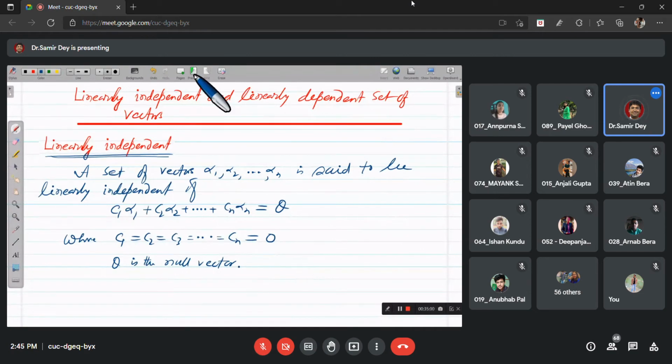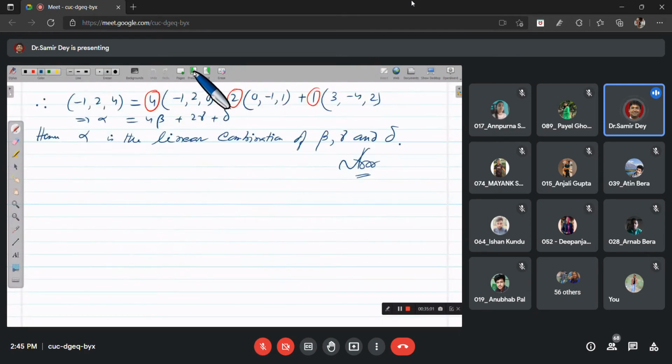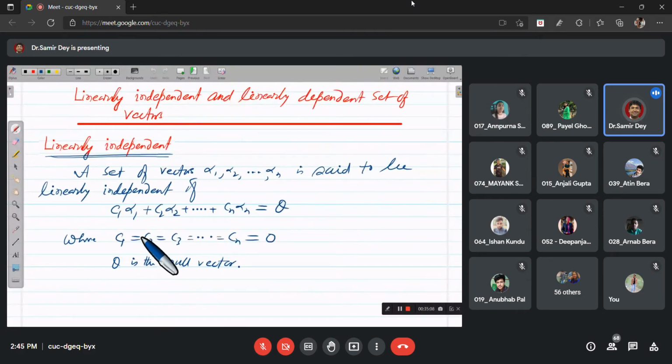Listen carefully. In the previous example, C1, C2 maybe 0, maybe non-zero was coming. But in the case of linearly independent, all C1, C2, C3 must be equal to 0. Only if that is possible can you say this set of vectors is linearly independent.